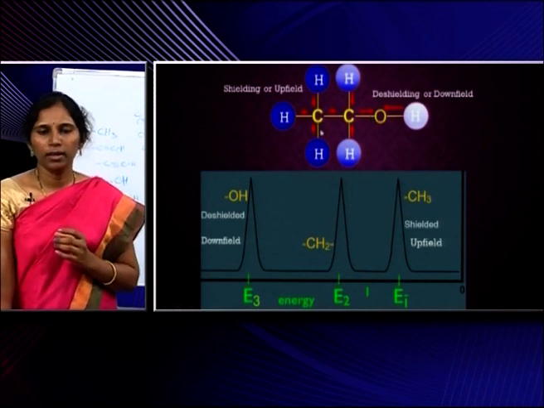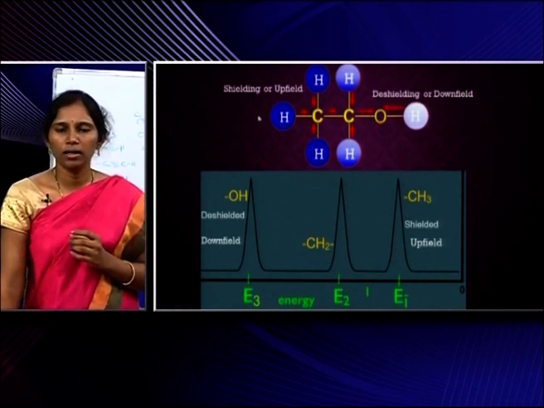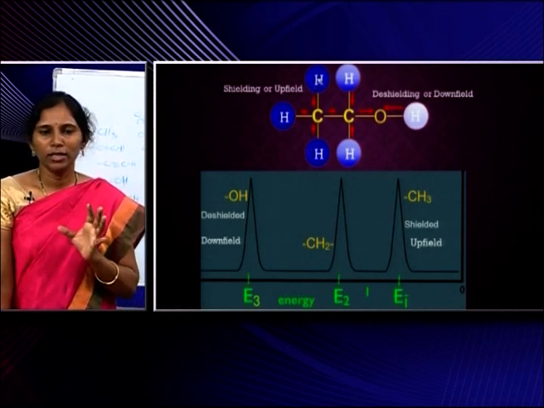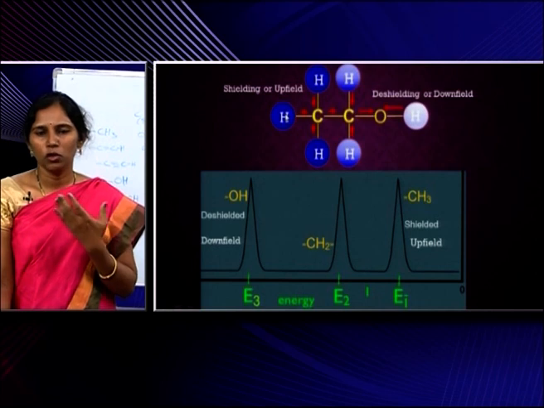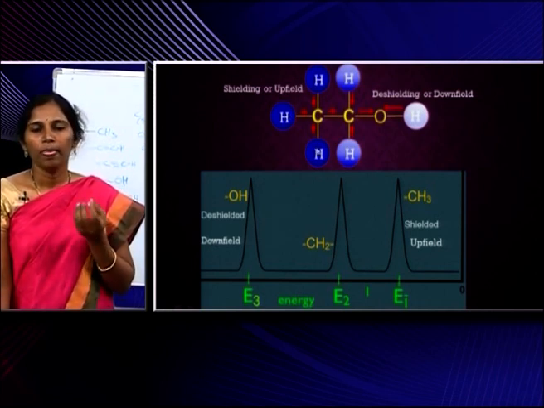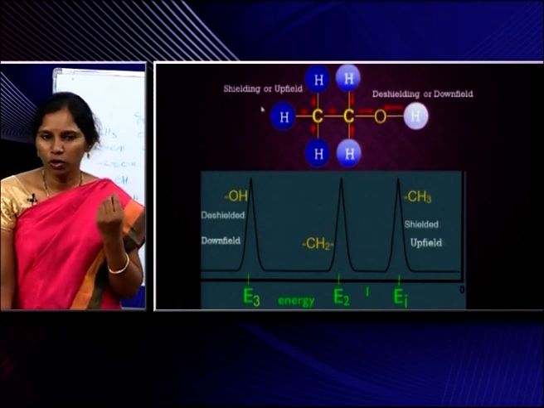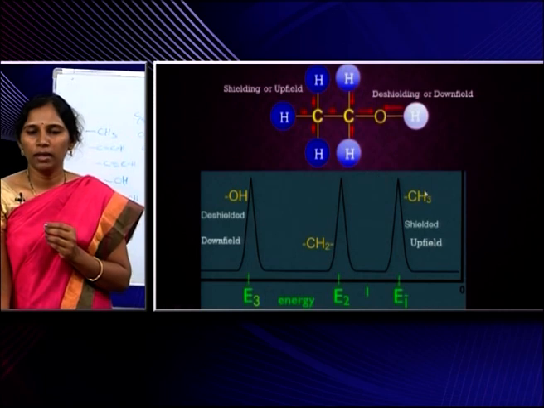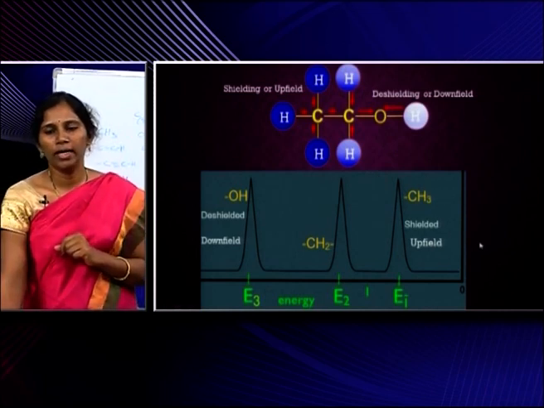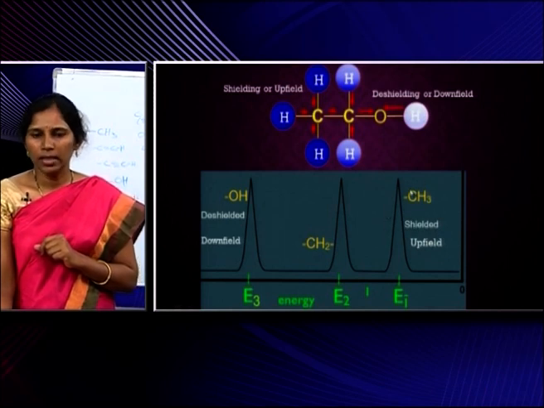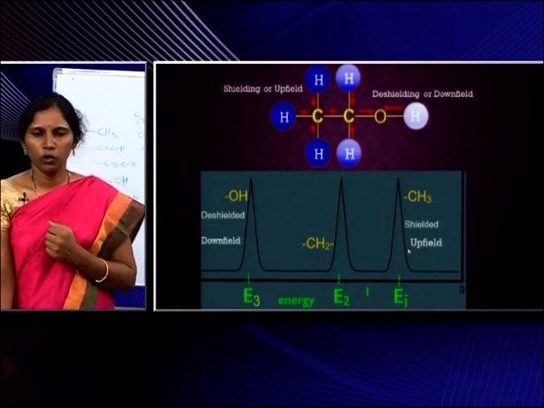And if you look at here, these 3 protons are least affected, and hence the electron density of these protons was not taken by anyone, and these have high electron density. What I told you already, high electron density is nothing but low frequency, and hence we observed the peak at low frequency only, that is nearer to the TMS signal, and this is said to be upfield. Already I told you this one.